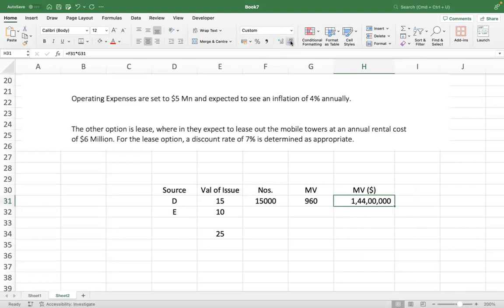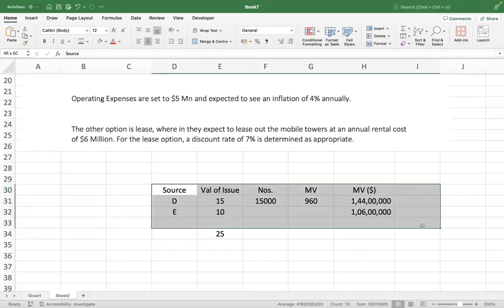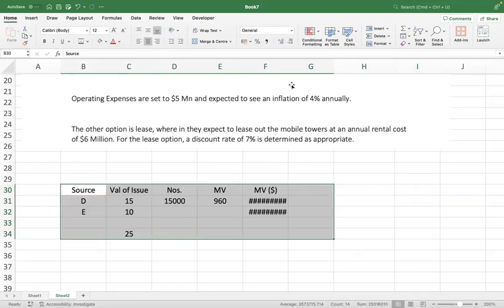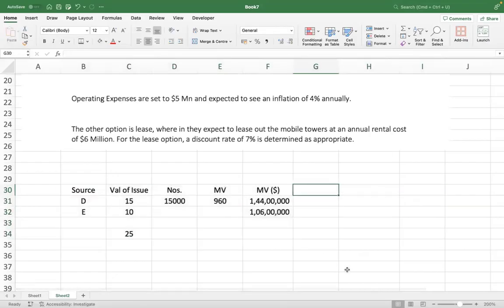Correct? So the remaining of the 25 million is what you want, minus what you're getting from debt. So that means 10.6 million will have to be raised from equity. And why is this important? This is important because you need the market value weights.